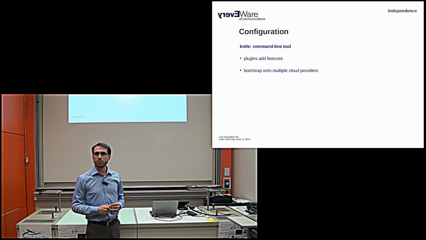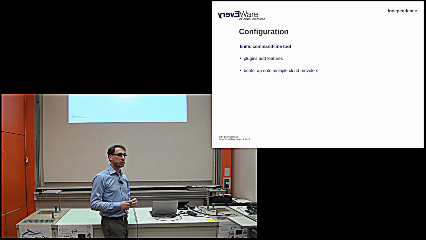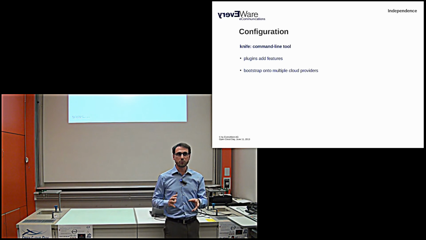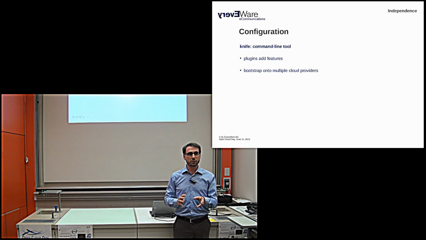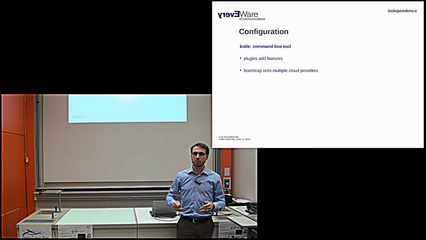All the major cloud providers are already integrated within Knife. And so you can use Knife to bootstrap your infrastructure. You've written your nodes, your configuration, your roles, you've got your data in your data bags, you have your recipes, and you have them all uploaded to the Chef server. Now you can talk to your provider through the API and bootstrap your infrastructure.